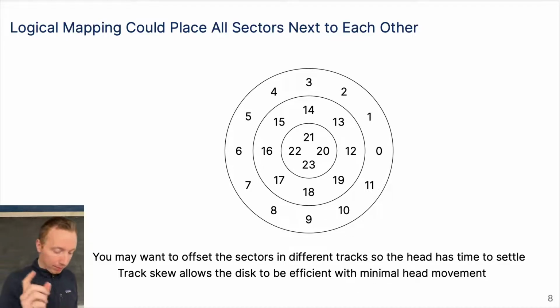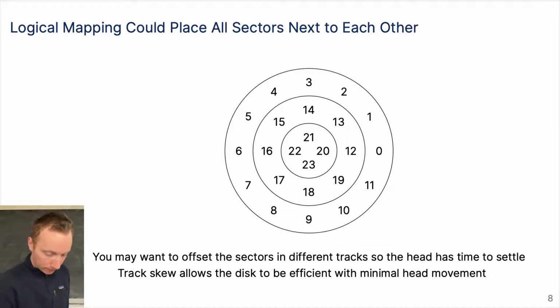So you line up 12 so that it's in line with when the head settles down, and then you can access 11 to 12 as quick as possible, and then 13, 14, all the way to 19 would be all in a row, and then same thing with 20. You want to lay it out so that it's the most efficient, where you minimize the amount of time that the head's moving.